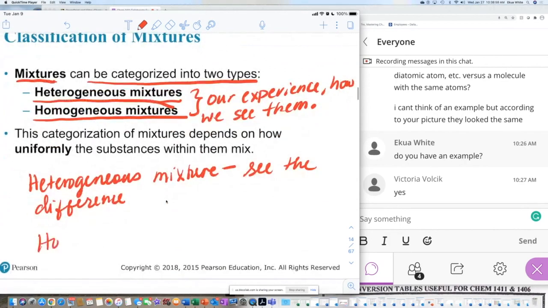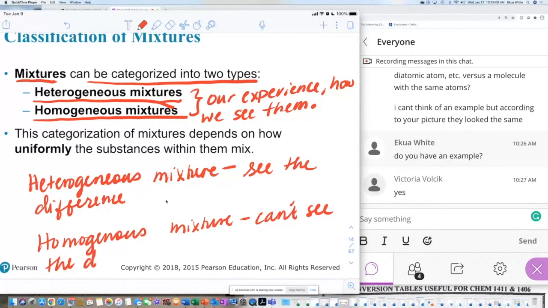And then homogeneous mixture, you can't see the difference. Okay? You can't see the difference. So for that reason, with homogeneous mixture, you have to rely on experience. Somebody has to tell you there's a difference here.